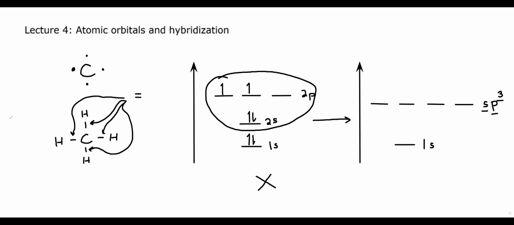If you mix 4 orbitals, you get 4 orbitals. If you mix 3 orbitals, you get 3 orbitals, etc. Okay? So we mixed our 2p's, we mixed our 2s, we made these sp3's, okay?